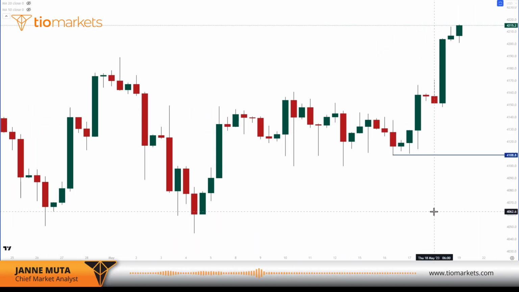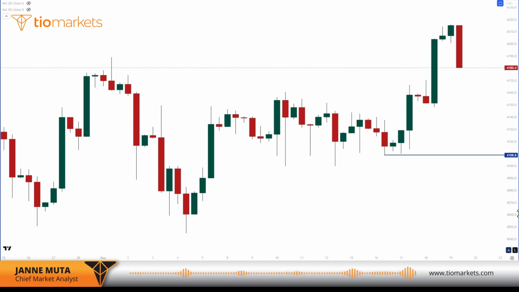Here I have the S&P 500 in the 8-hour time frame, which means that each candle represents price action for one 8-hour period. As you can see, here was a level where the market found support and then rallied strongly. Let me illustrate what could happen when something like this occurs.